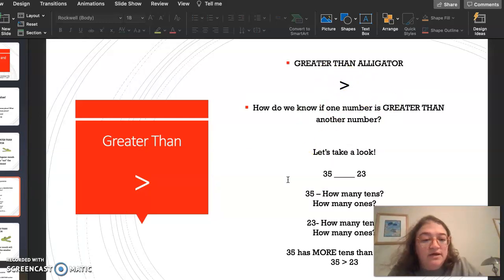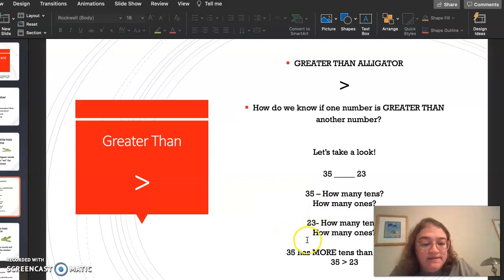Now let's take a look. How do we know if a number is greater than another number? So here we have 35 and 23. Let's take a look at 35. How many tens do we have in 35? We have 3. How many ones? We have 5. Let's take a look at 23.